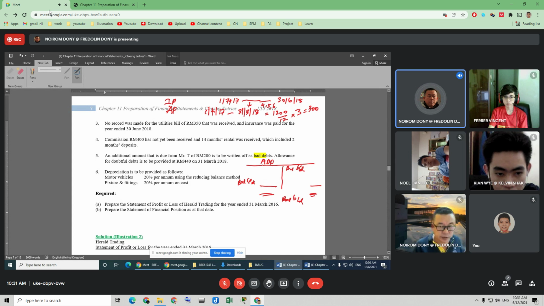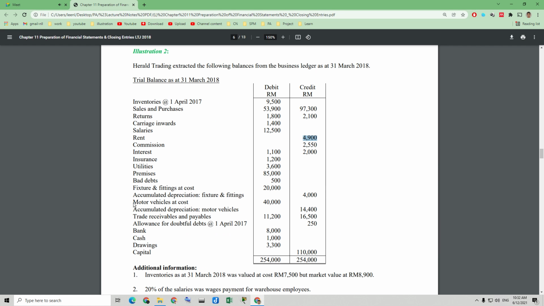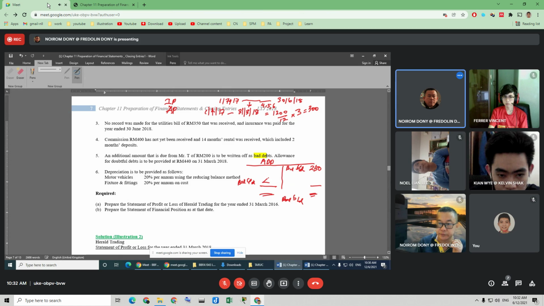So opening balance, if you look at the trial balance, how much? 250. And from the additional information number 5, we have 440. So that is the closing balance. So meaning 440 is the highest total.